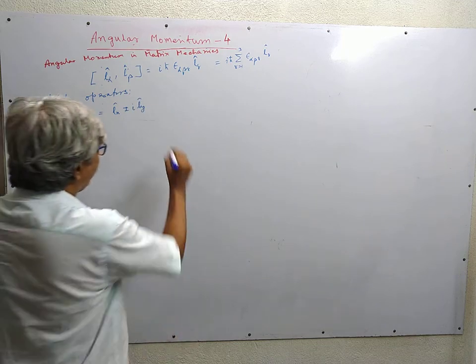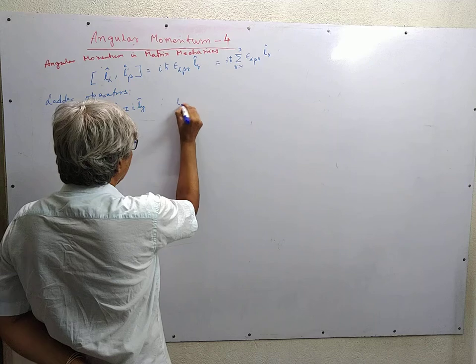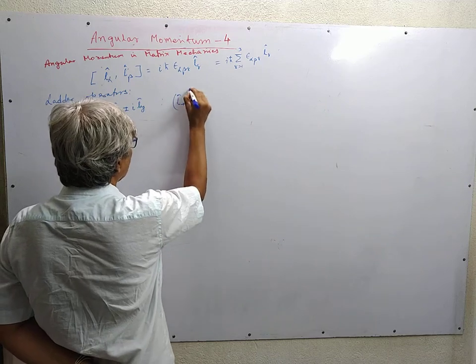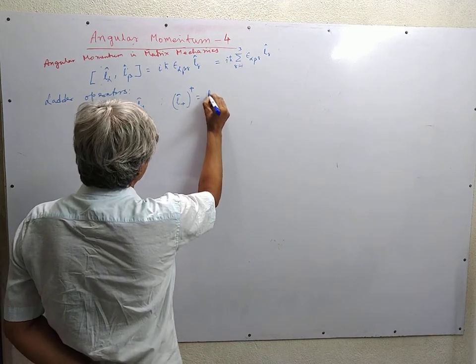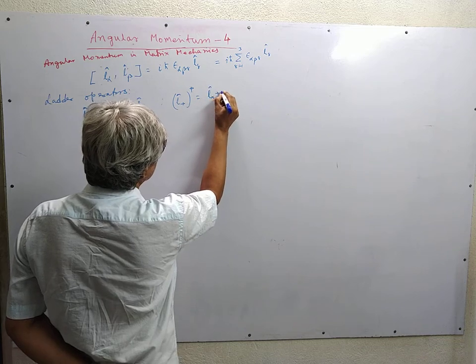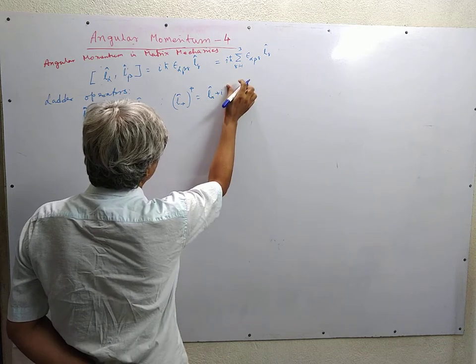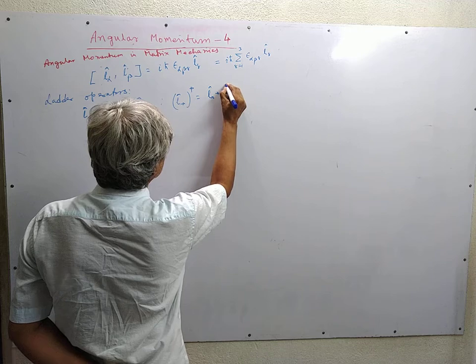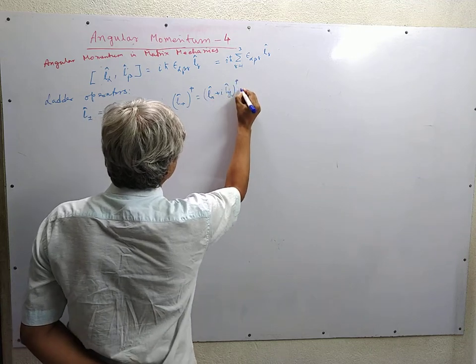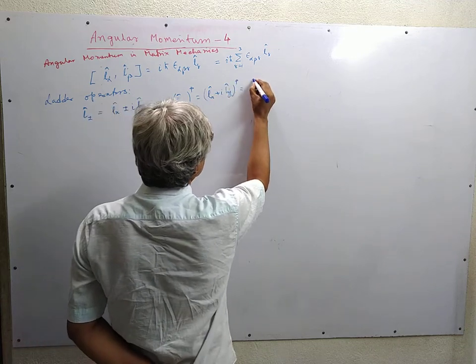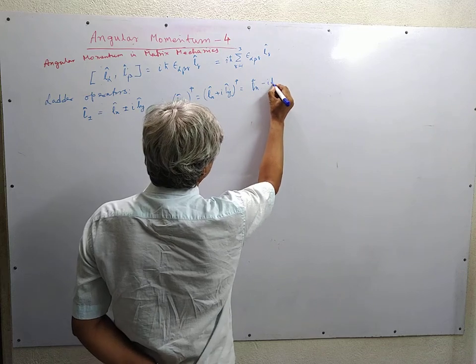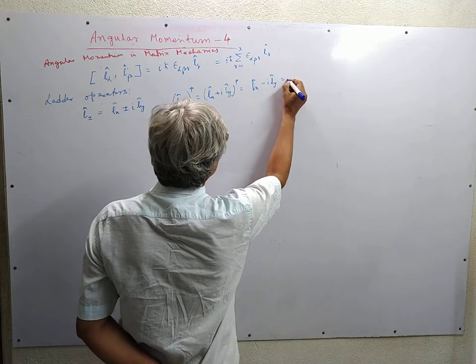It is very obvious that the Hermitian conjugate of L+ is Lx + iLy, its dagger, this is Lx, as it is Hermitian, minus iLy, that is L−.